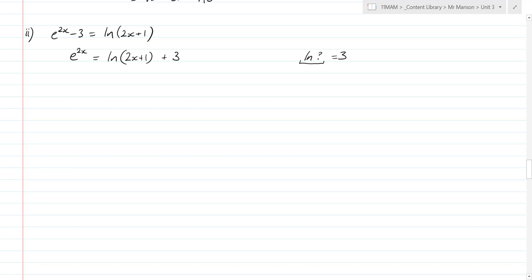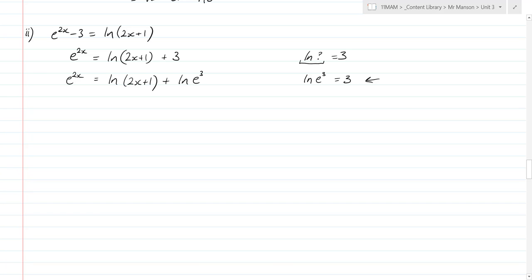And in fact, I suspect I can by recognizing that log of e to the 3 is equal to 3. So I'm just bringing this in. This might not go anywhere, but let's just try it. So log of 2x plus 1, this is a natural log, plus log of e to the power of 3 equals e to the power of 2x.